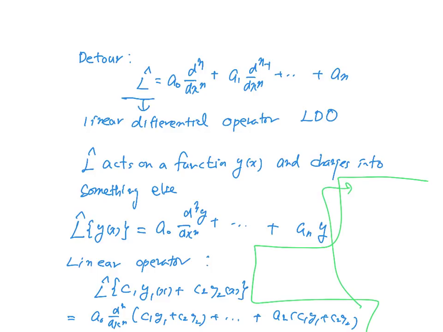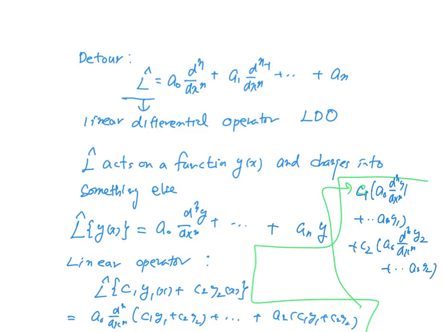You can combine it as C1 times the operator on y1 plus C2 times the operator on y2, and it becomes C1 L y1(x) plus C2 L y2(x).